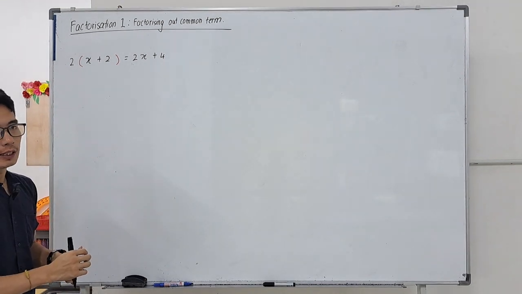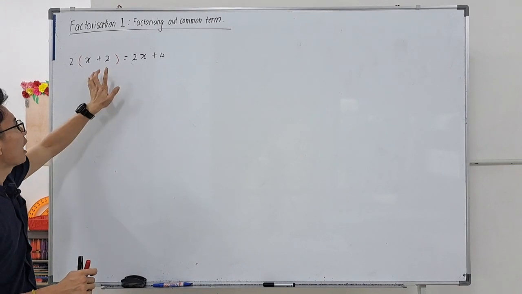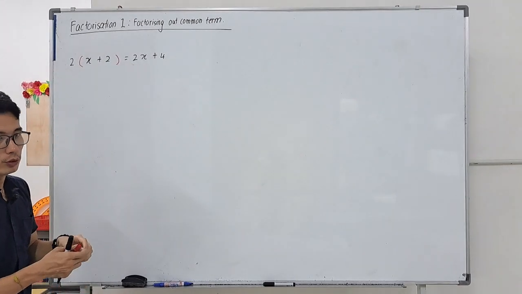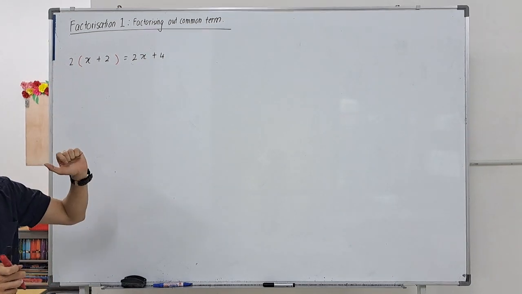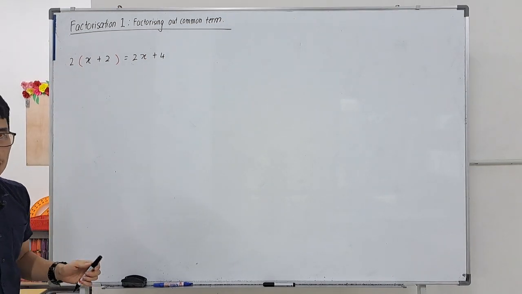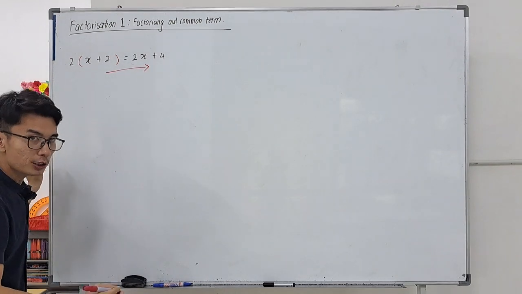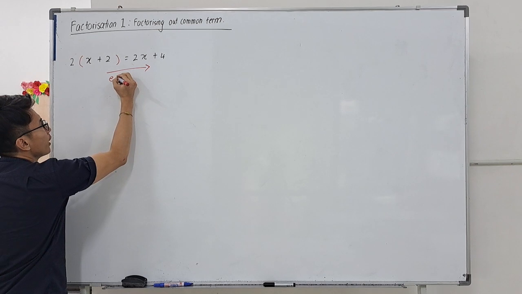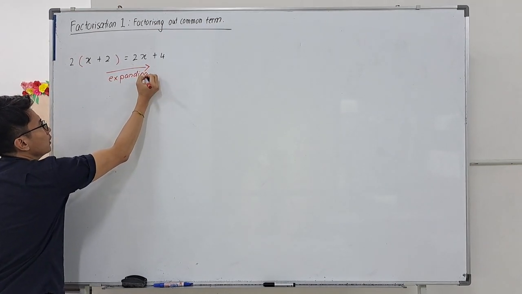Now, to help you understand that, let's look at this simple question over here. I believe you are very familiar with how to do this, and when we are doing this, what is this process called? When we are doing it this way, this process is called expanding, right?